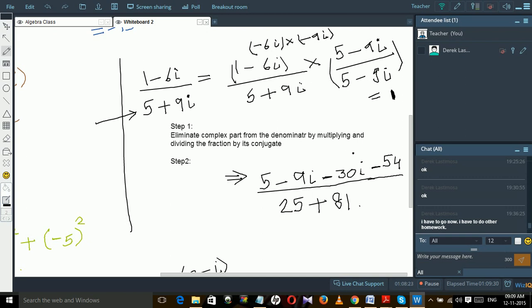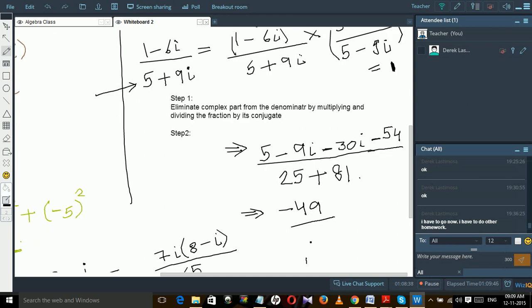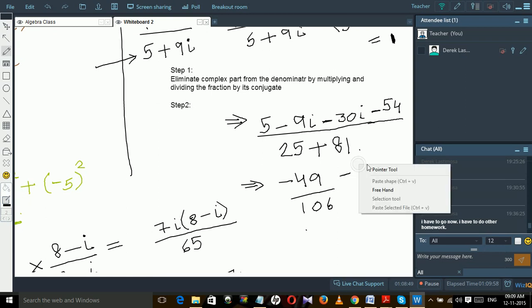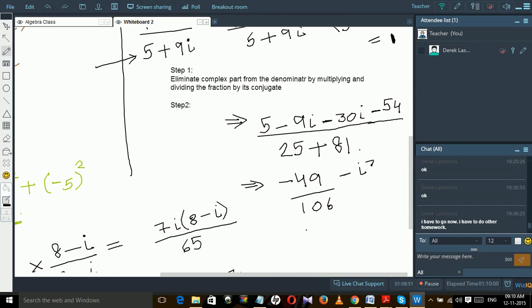Minus 6i into minus 9i will give me 54 i squared. I have used the value of i squared, which is minus 1, so that's why there's a minus sign here. So this comes out to be minus 49.